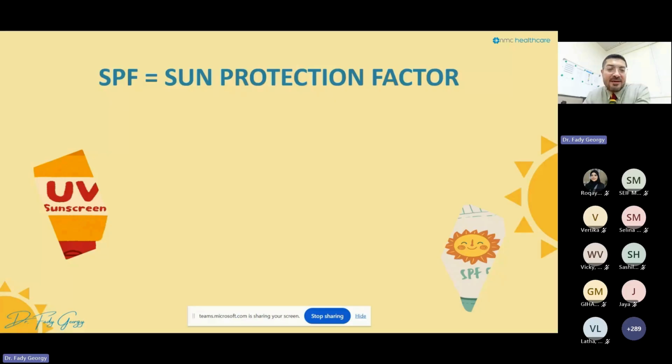Now, what is SPF? SPF stands for Sun Protection Factor. SPF is a measure of how much solar energy, usually UV radiation, is required to produce a minimal amount of reaction on your skin, usually sunburn, when it is protected by a barrier. It means how much time is needed for my skin to get sunburn if I put a sunscreen on top of it.